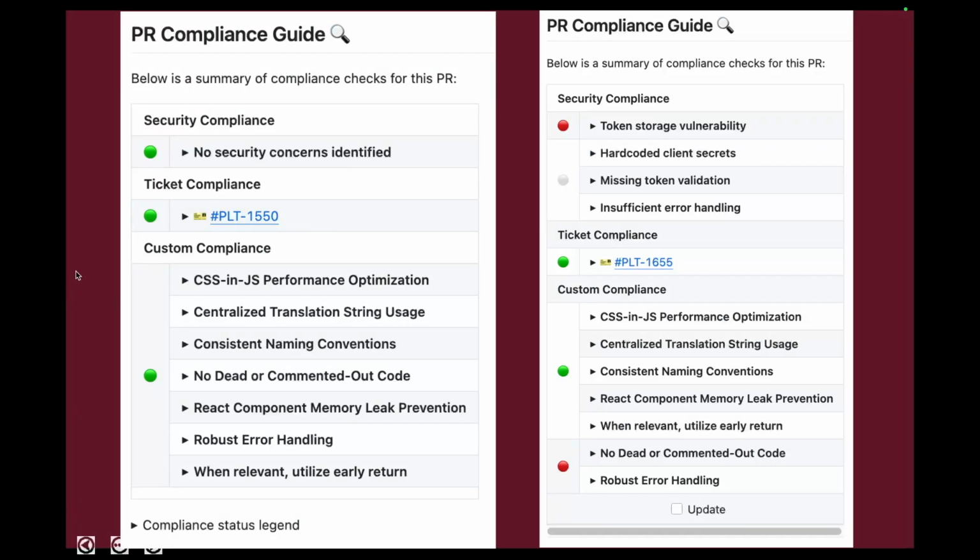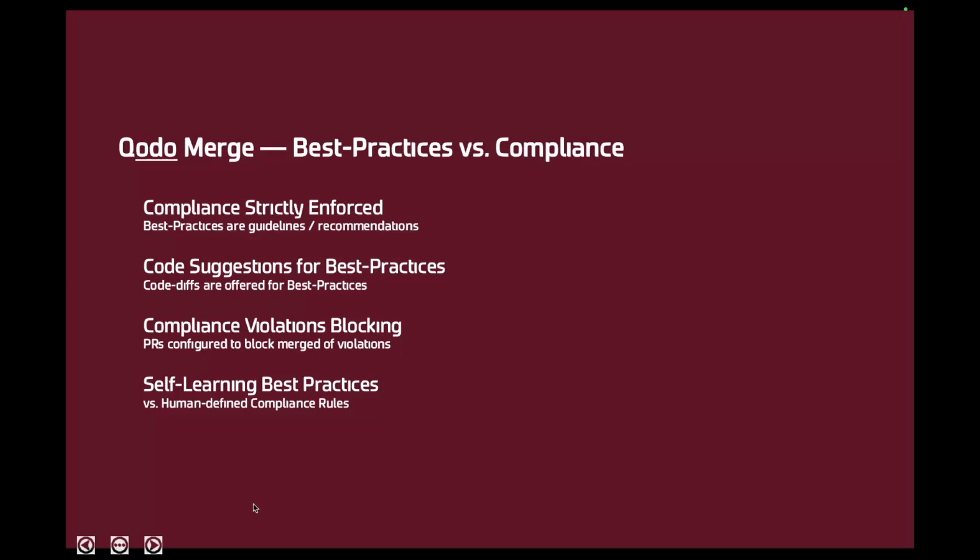Here's an example. The example on the left is a pull request in GitHub where all the compliance rules have been met, whereas the example on the right is the same PR where compliance has not been met, and you can see the violations are being highlighted.